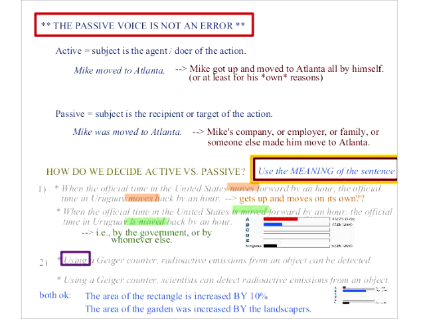This kind of modifier requires a subject following it, and you don't have one. So this implies that radioactive emissions are using a Geiger counter, which would be interesting to watch, but that can't happen. Emissions can't use machines.